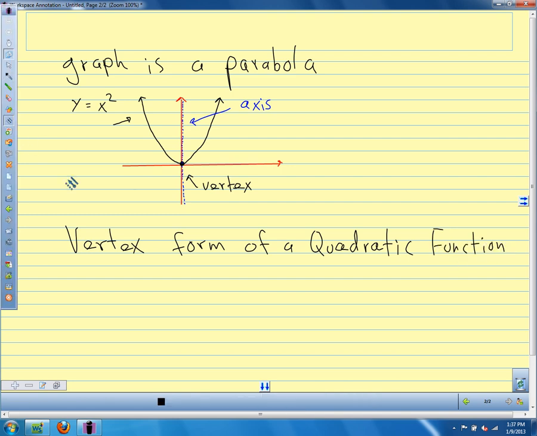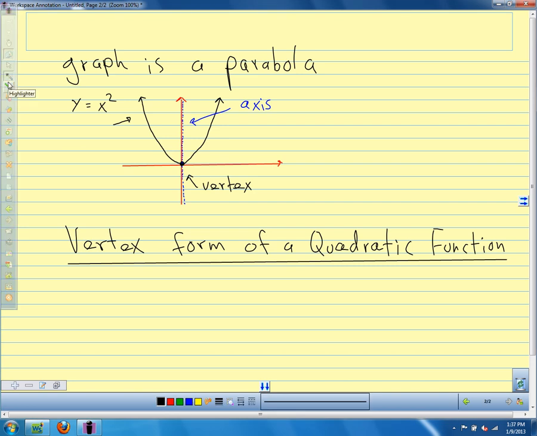So let's talk about vertex form. Our book calls vertex form standard form, so I'm just going to put that in parentheses.